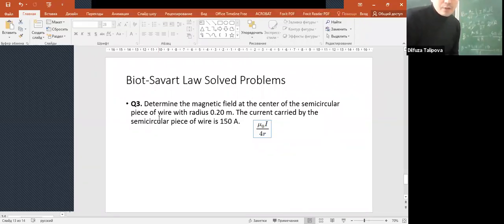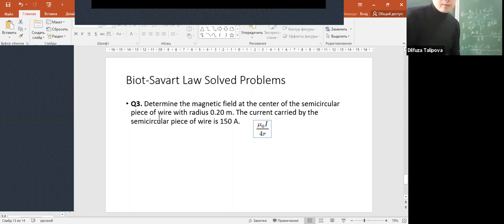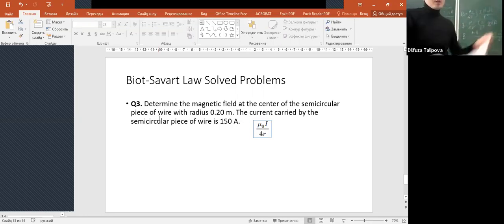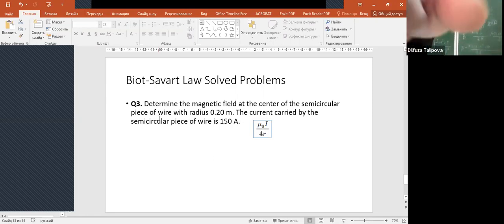Determine the magnetic field at the center of the semicircular piece of wire with a radius of 0.2 meters. The current carried by the semicircular piece of wire is 150 amps. Now we have the semicircular coil, not the circular, okay?